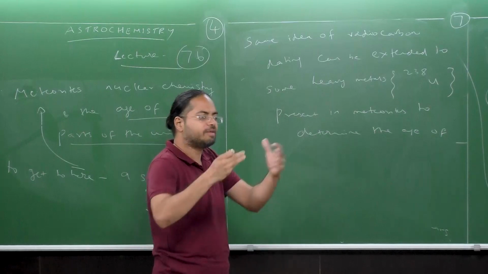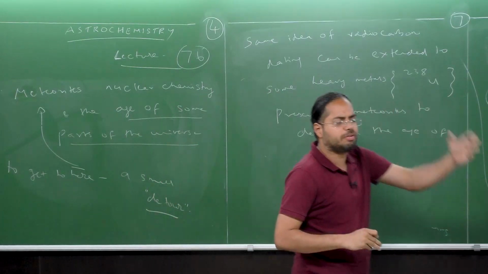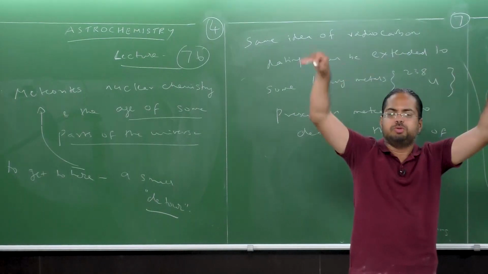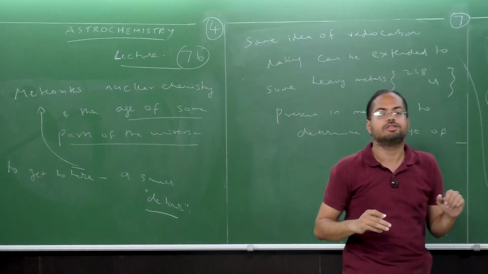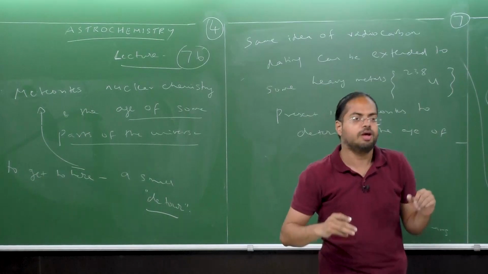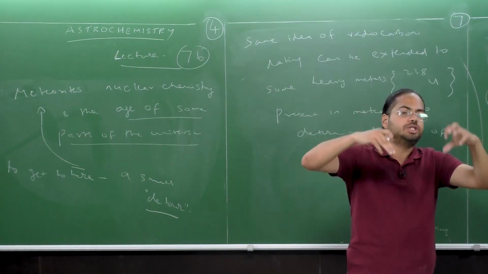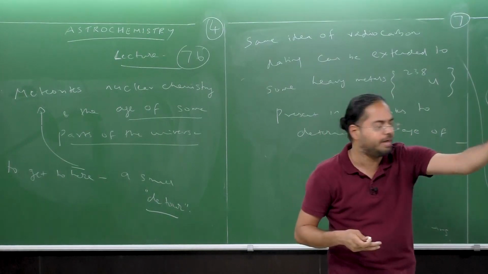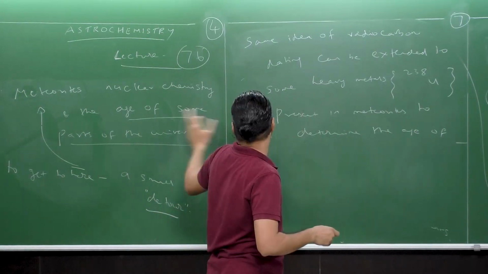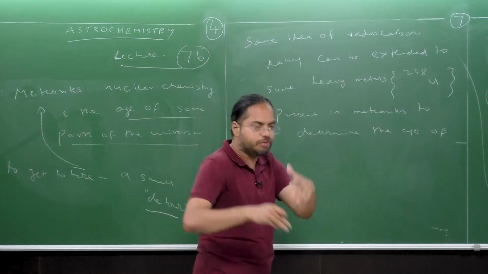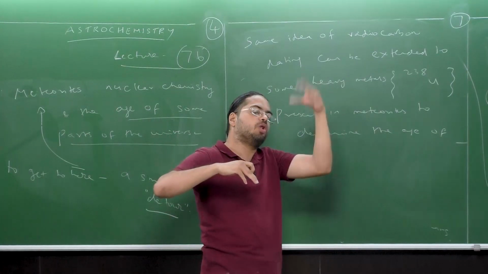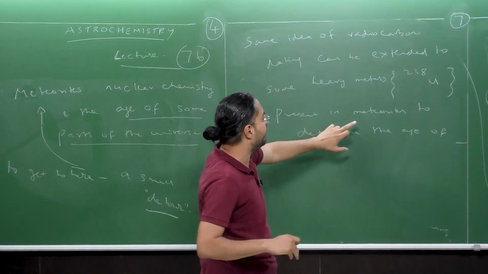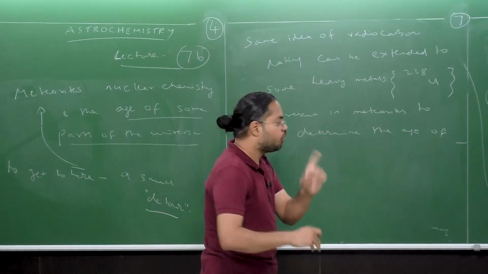So determine the age of, for example, if we talk about the meteorites that fall on Earth, they must have been asteroids which may have been orbiting the sun at some point in time, right? Because they all came up from the giant molecular clouds which were involved in the formation of the sun, right? So therefore, while we cannot completely estimate the age of the universe itself, that goes back all the way to cosmology and the Big Bang theory, we could definitely use meteorites to estimate the age of the solar system.